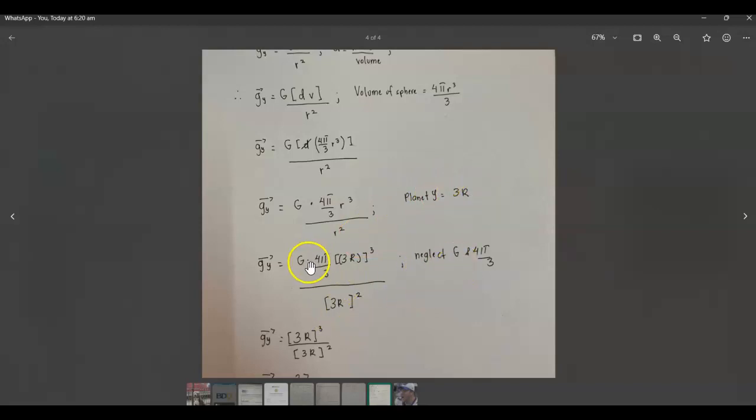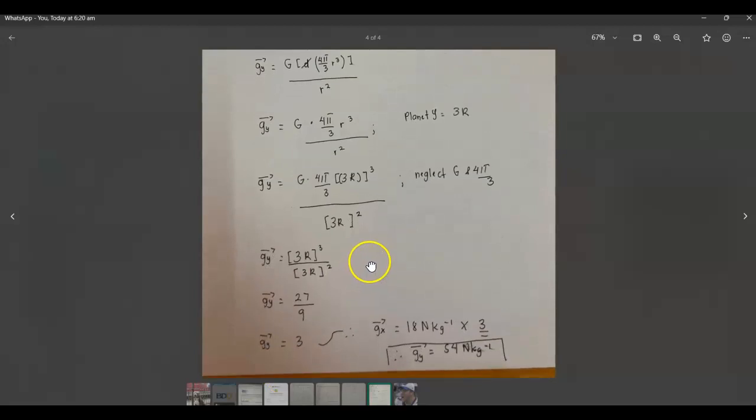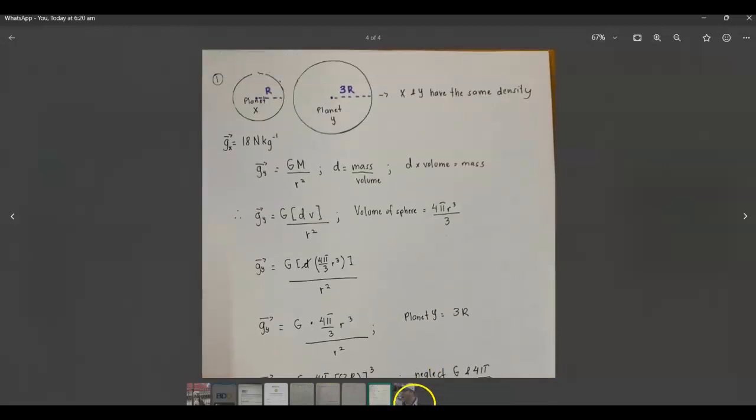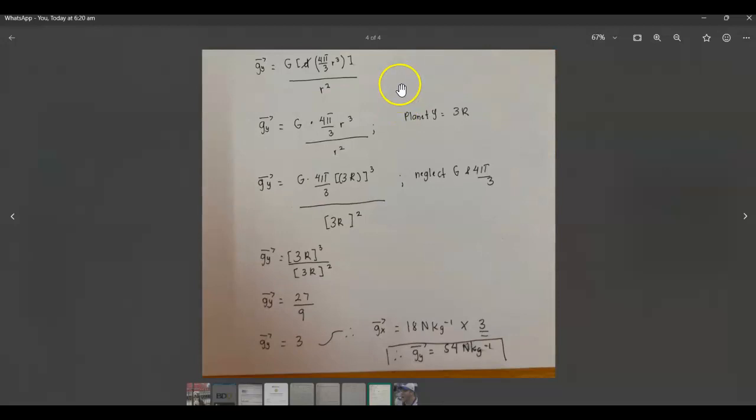Now, we neglect G and 4 pi over 3 since these are standard values. Thus, the remaining quantity will be 3r cubed over 3r squared. Simplifying, eventually this will give you gY is equal to 3, which means 3 times the gravitational field strength of planet X, which is 18. 18 times 3 is equal to 54. So this is the answer for the first problem.